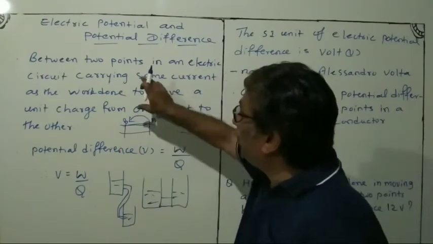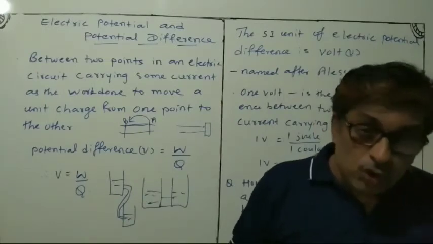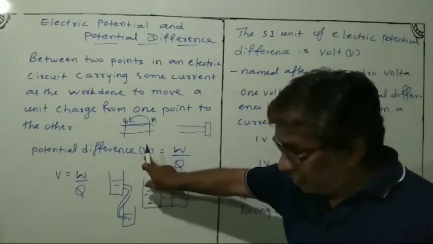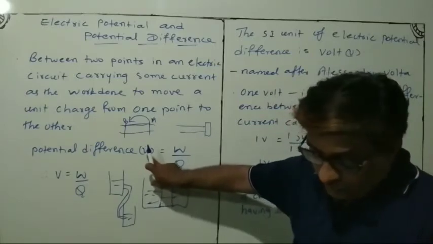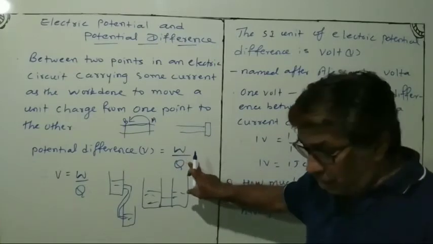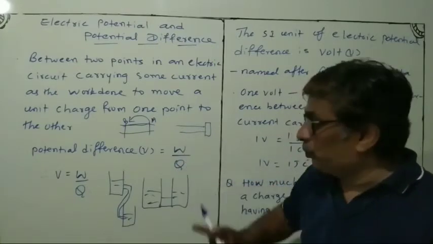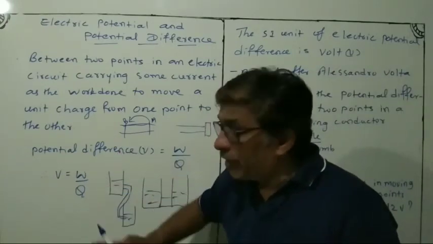That is what we call potential difference. Potential difference is denoted by V. V between the two points is equal to work done W upon charge Q. Therefore V is equal to W by Q.